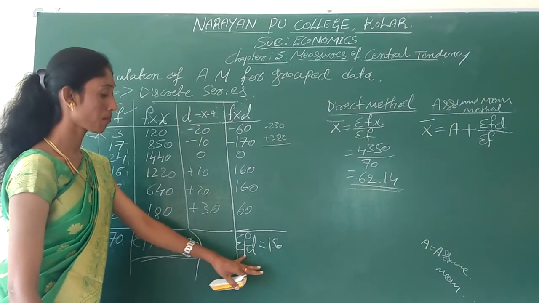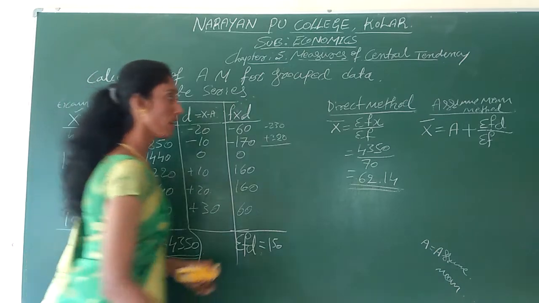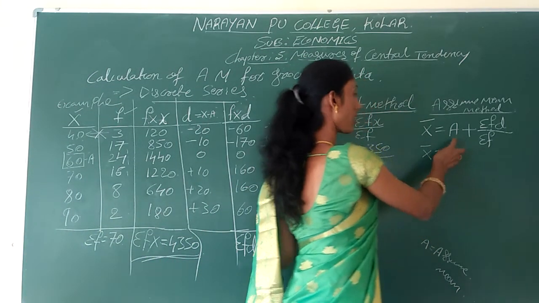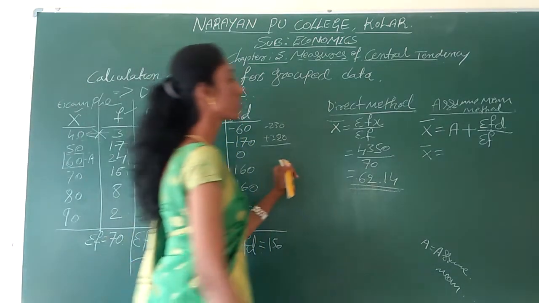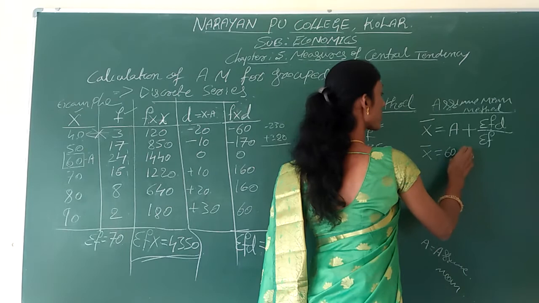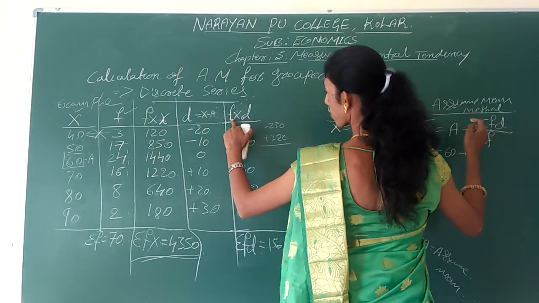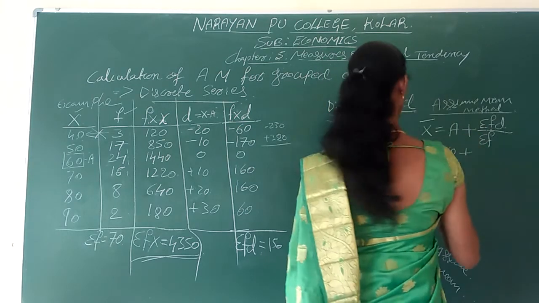Got it? Sigma fd is 150. Now we apply the formula. How much is a? The assumed mean we have taken is 60, right? Now write down: assumed mean is 60, sigma f into d, by multiplying frequencies into deviations, we got plus 150, right?